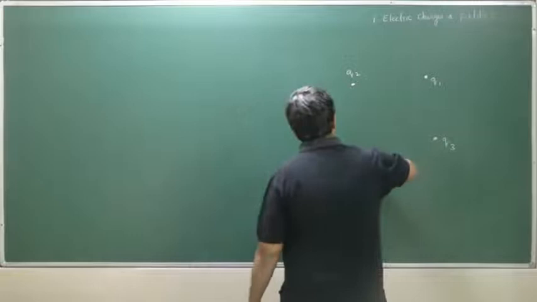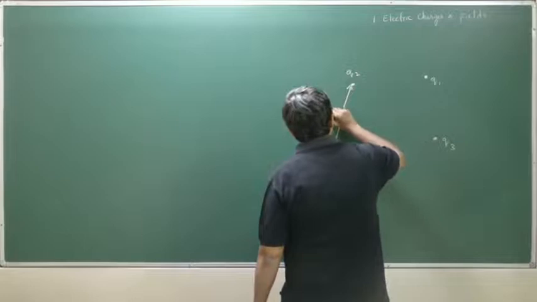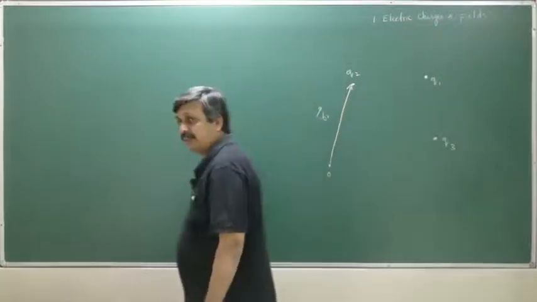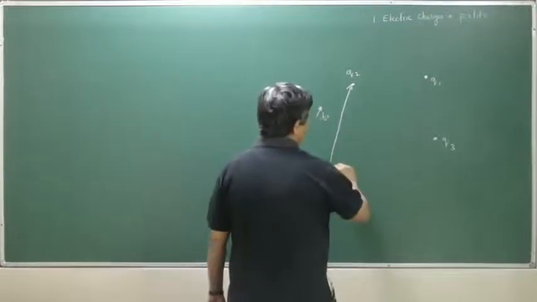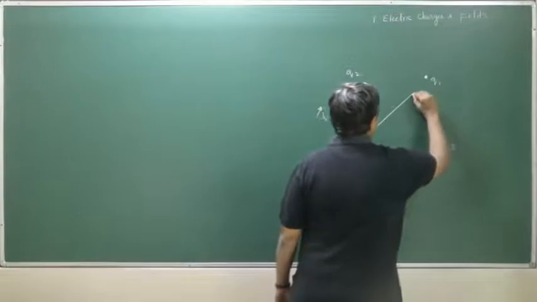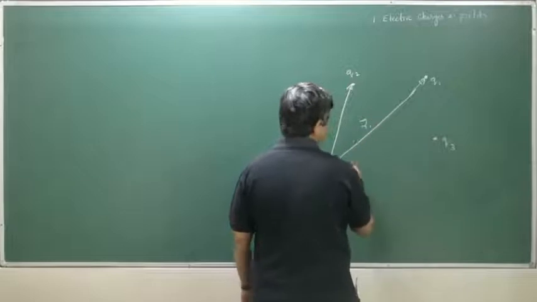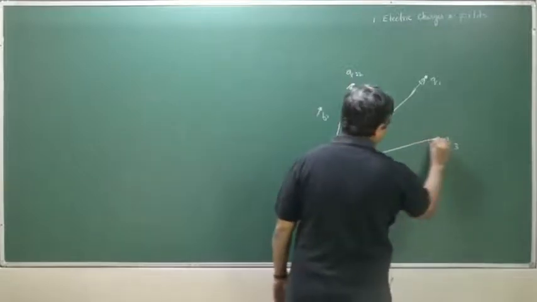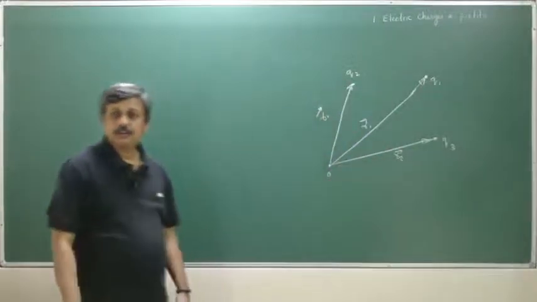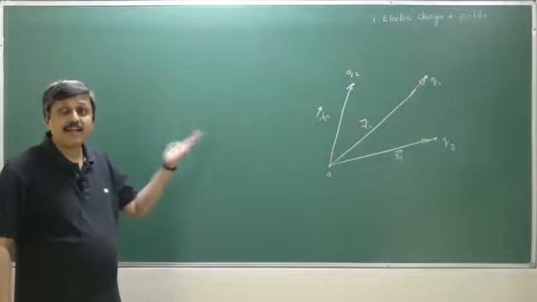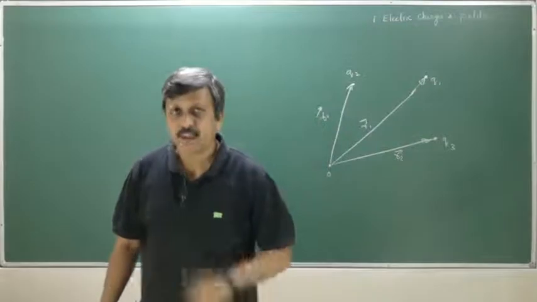So this is a vector r2. And from here if I draw a line to this, it is r1, and the line that is drawn to this one is r3. There are three position vectors. Now from these position vectors we can find the vectors which are the distance between them, the relative position vectors.